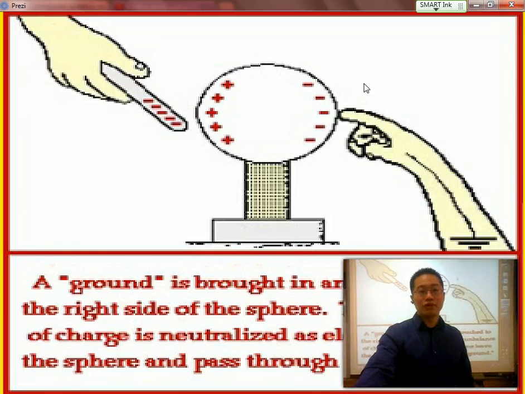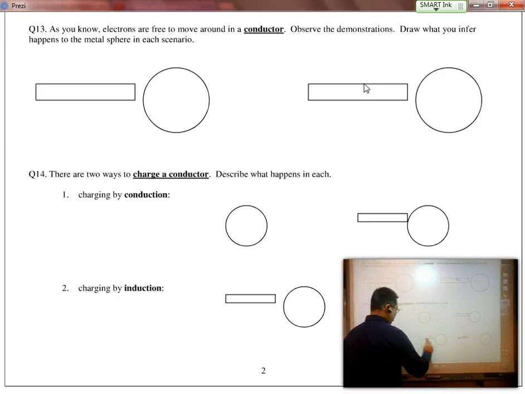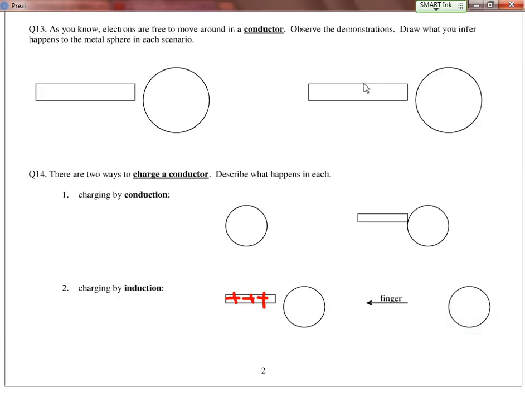So whenever you charge by induction, if this was, let's say, a positive object going towards a neutral object, the object itself ends up gaining the opposite charge of whatever you're charging it with. But if you're charging it with conduction, it ends up gaining the exact same charge.